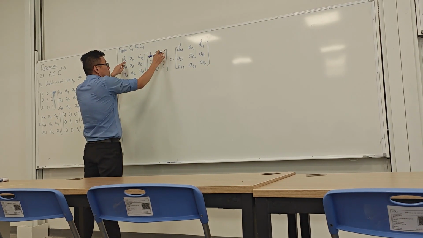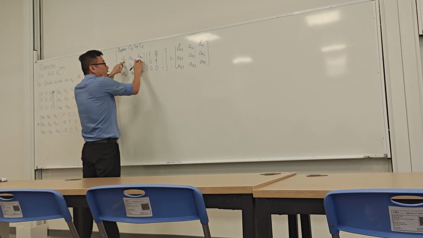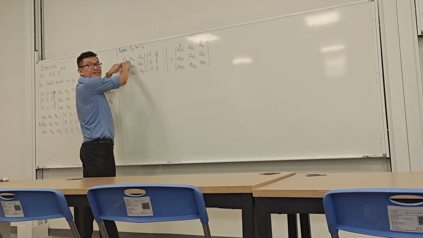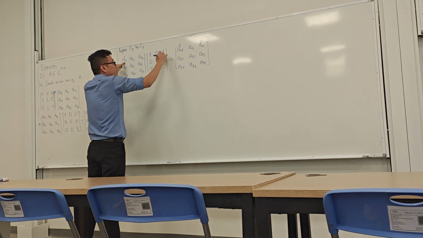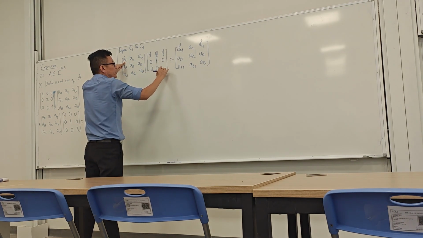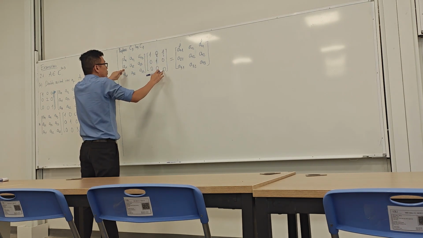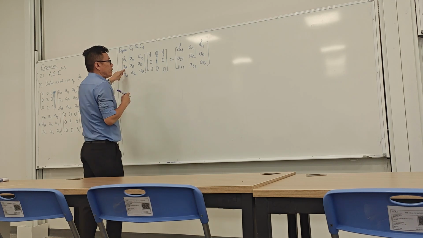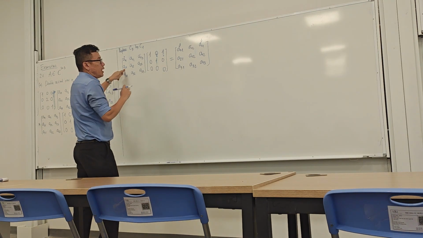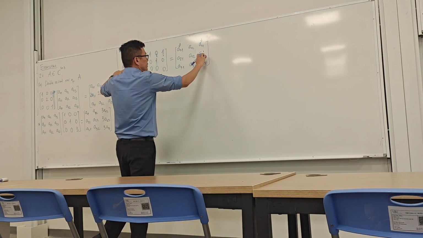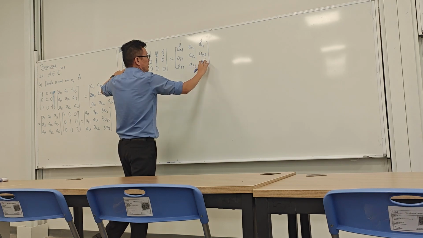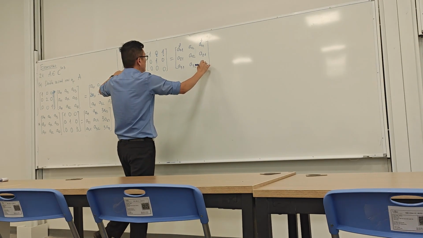Now you multiply this one, but you don't have A13, you have A11. So maybe this is 1 here, and 0 here and 0 here. Now this row multiplied by this column gives A21. No, I'm wrong here, this is A23, sorry.